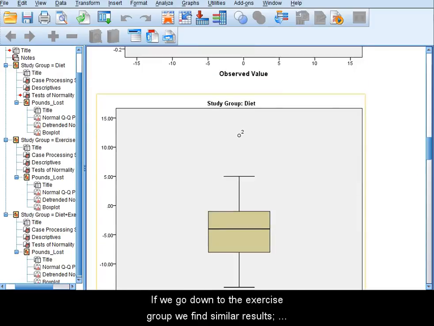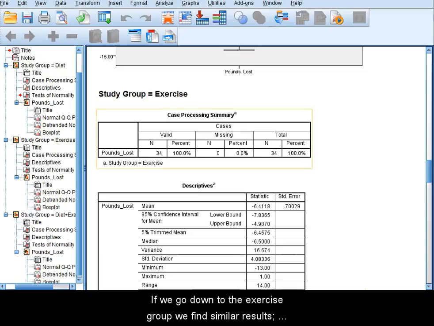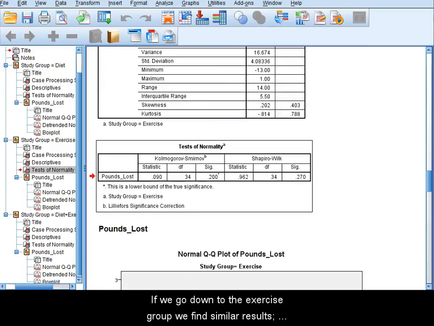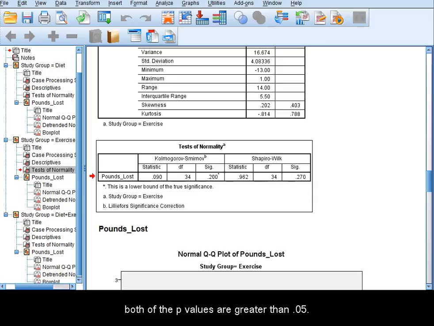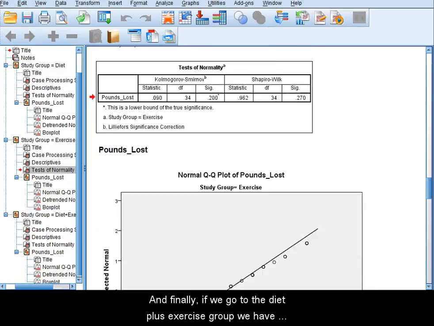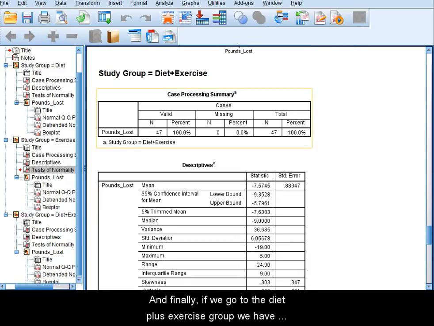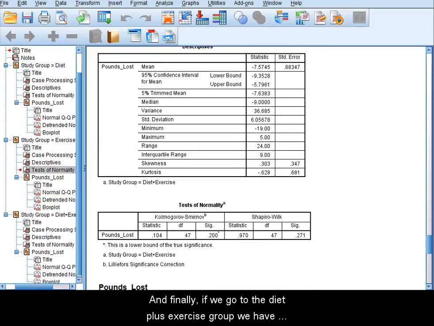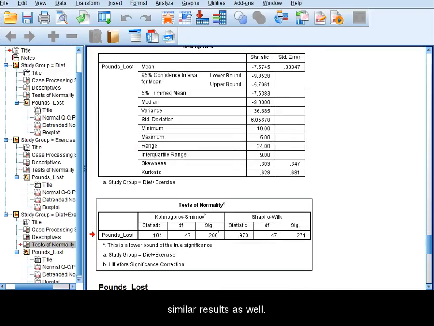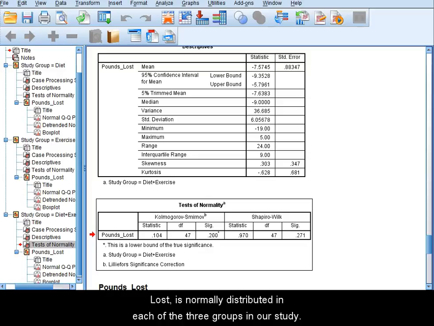If we go down to the exercise group, we find similar results. Both of the p-values are greater than 0.05. And finally, if we go to the diet plus exercise group, we have similar results as well. So we can conclude that the outcome, which is pounds lost, is normally distributed in each of the 3 groups in our study.